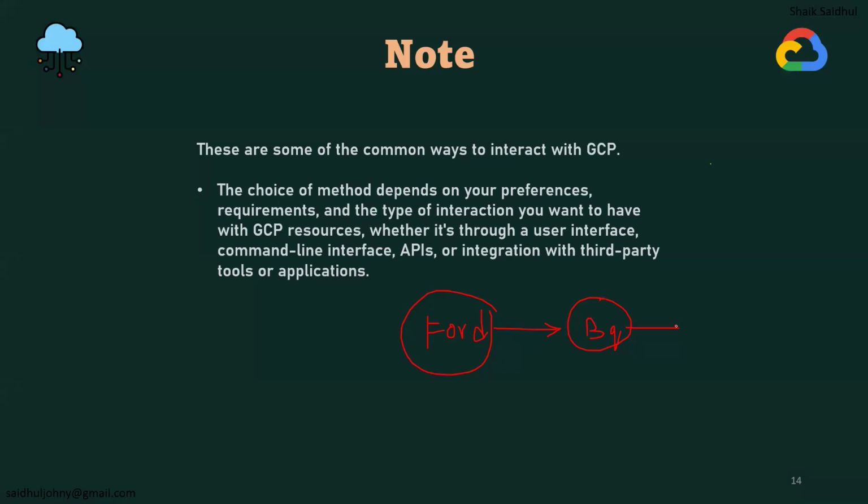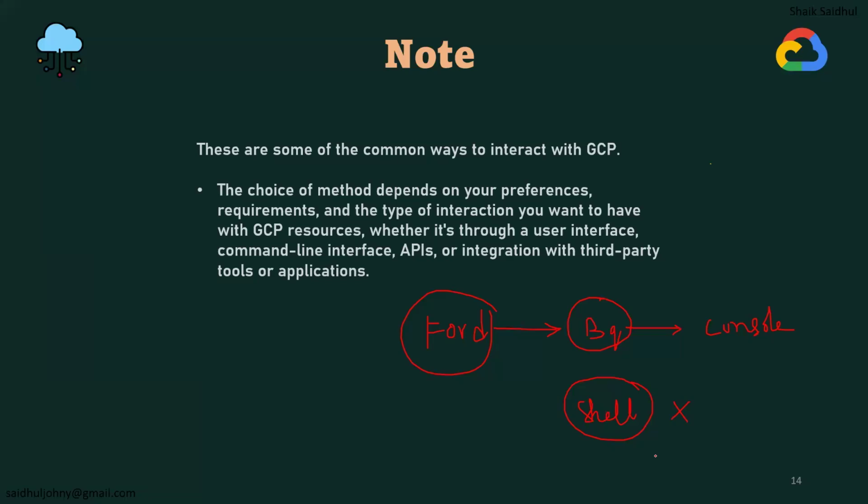So they told us that we can use the console, but there are some things that we can automate using the cloud shell. The moment I activated the cloud shell, I was not able to interact with it, because they're saying that your company has not provided the access to the cloud shell. Please contact the admin. So they have put a restriction for me to use the cloud shell.